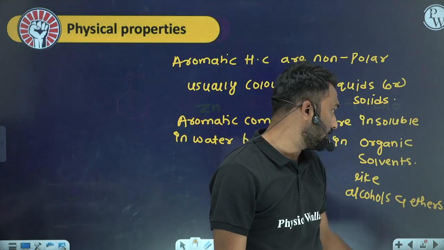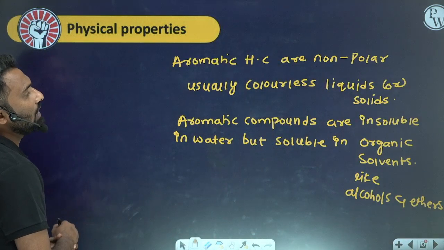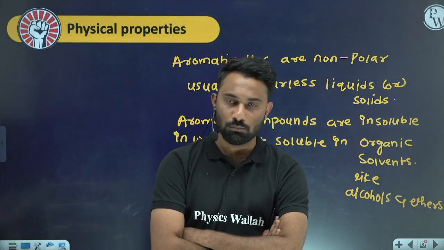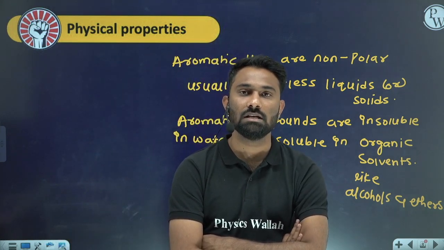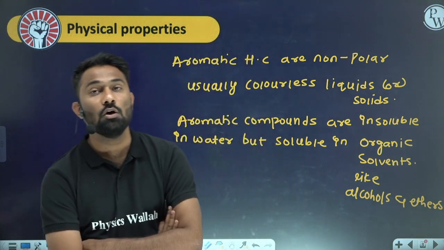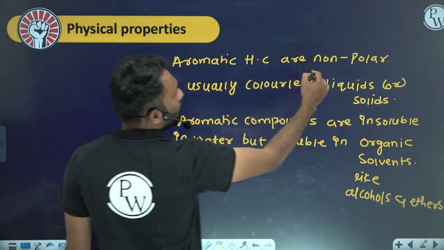Next, physical properties of the aromatic hydrocarbons. They are non-polar. Most of the non-polar compounds, benzene is a non-polar compound, so it will not dissolve in water. Aromatic hydrocarbons are non-polar.